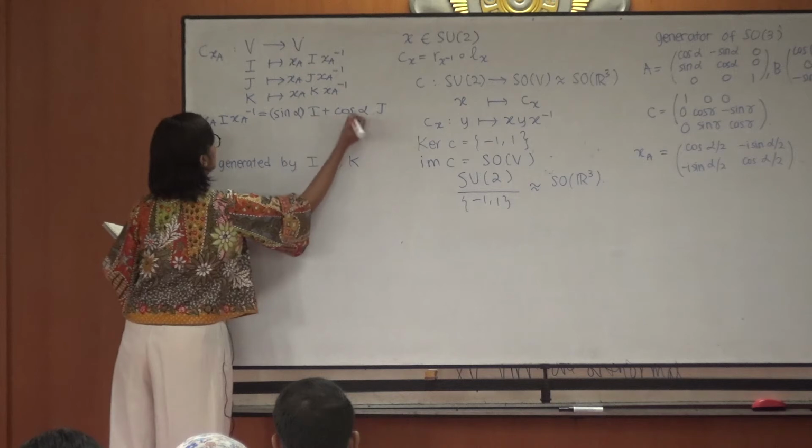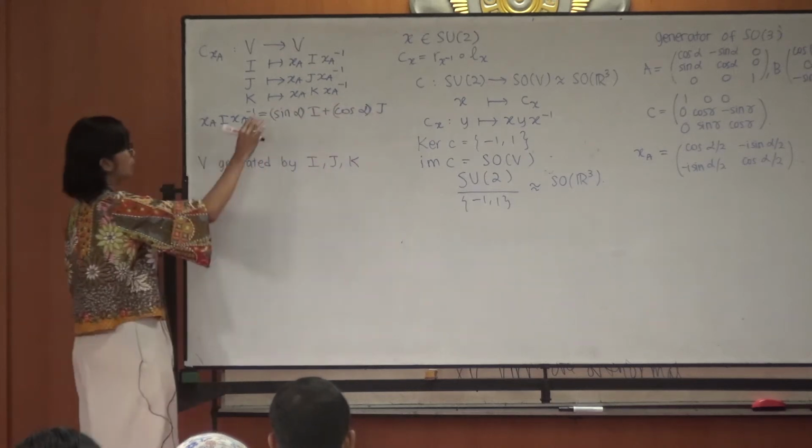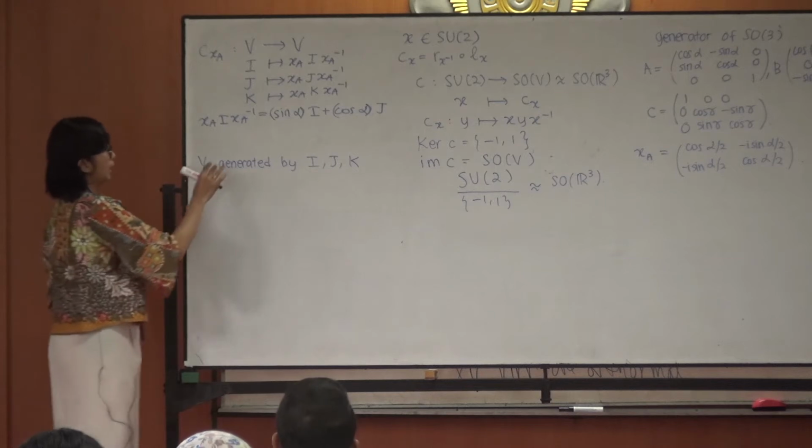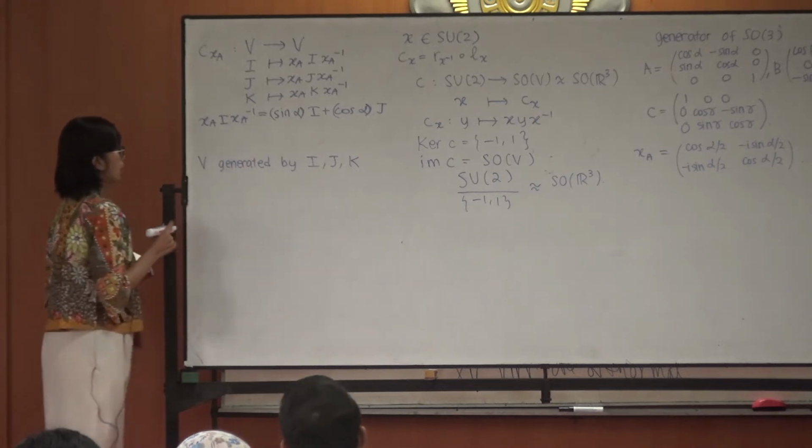So after multiplying these three matrices, you will get this.